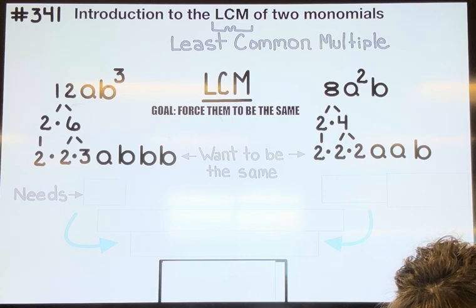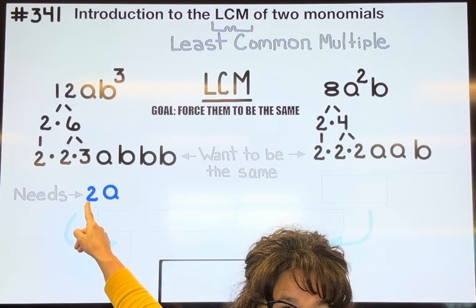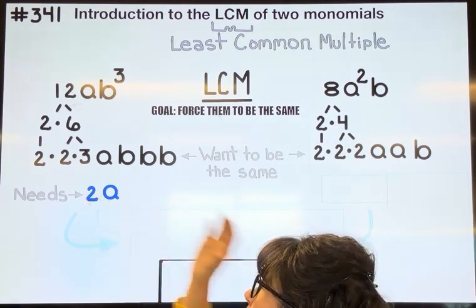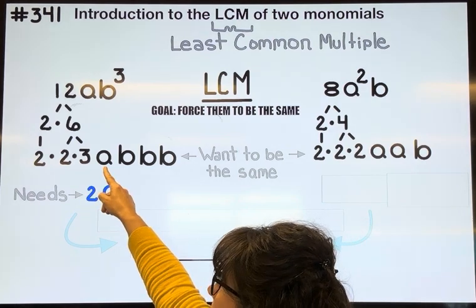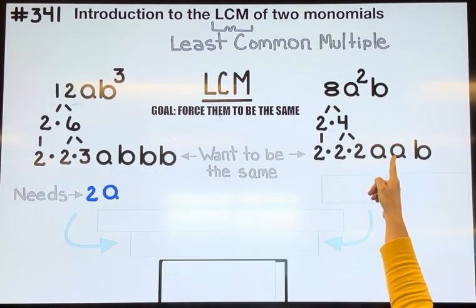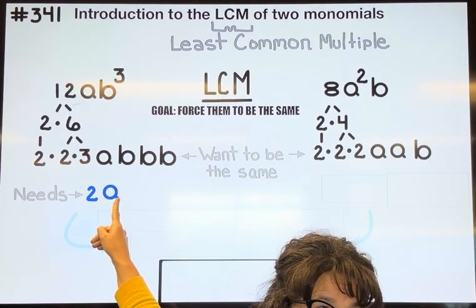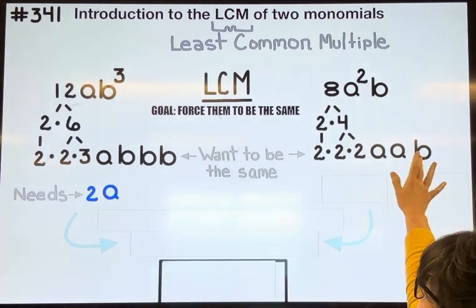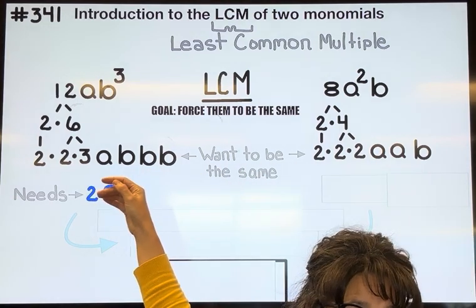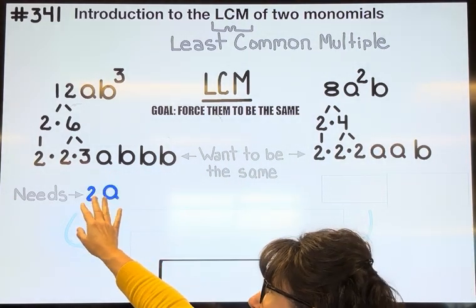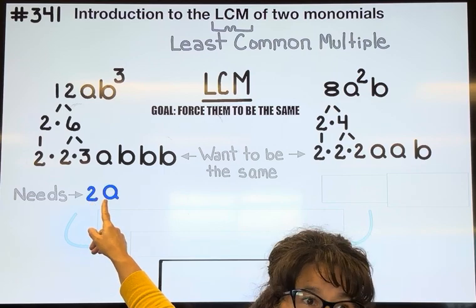So it's going to need an extra 2. What else it needs is this one has a single a, and this one has a couple of a's, so this one needs an extra a. This one only has a b, and this one has plenty of those. So far, this one just needs a 2a.